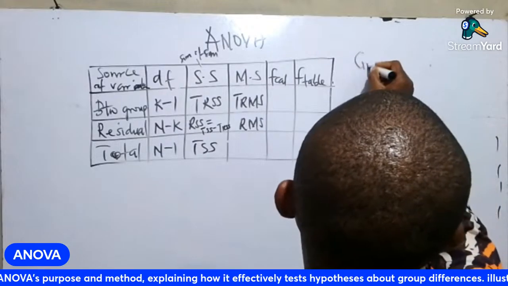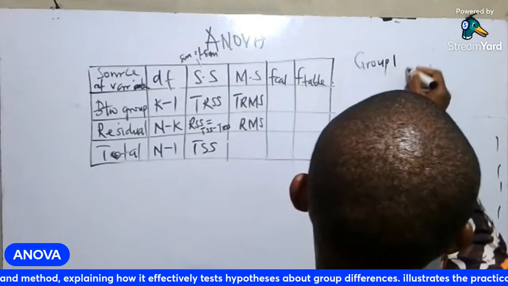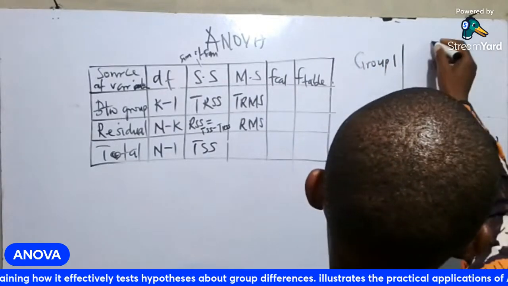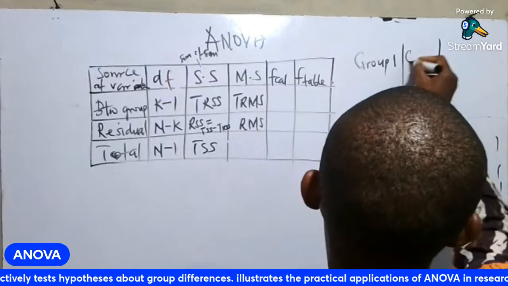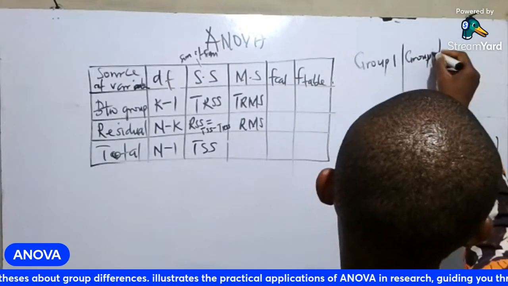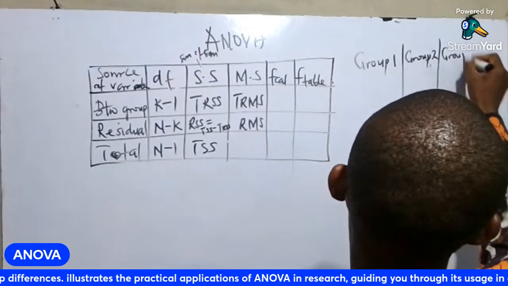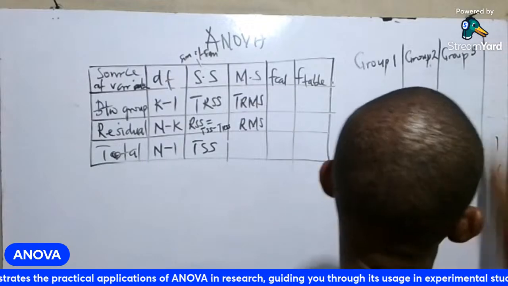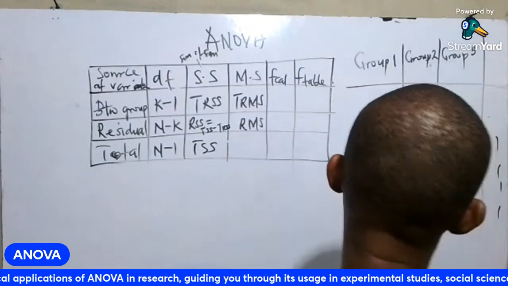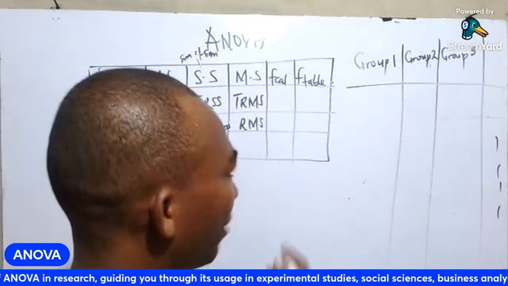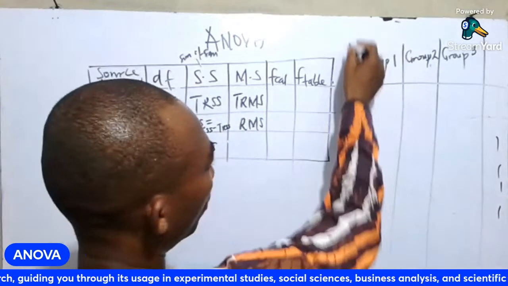3 groups. Group 1, group 2, and group what? Group 3. Of course, you have to make use of analysis of variance because it's already 3 groups.